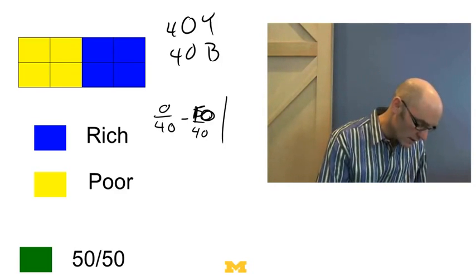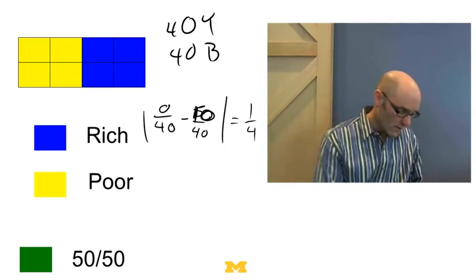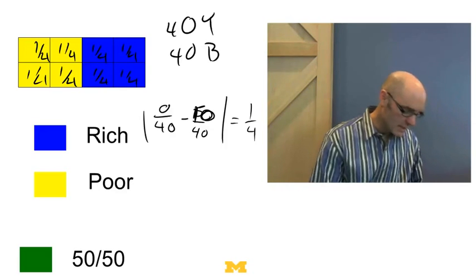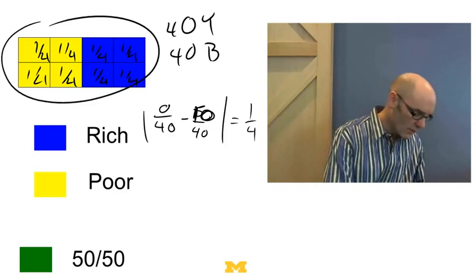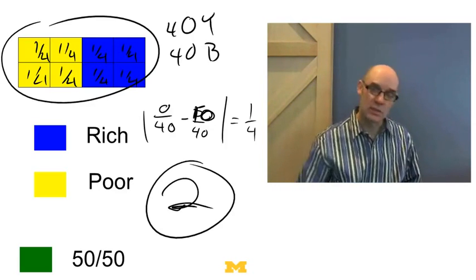So that's going to equal 1/4. Since all these are the same, I get a fourth, a fourth, a fourth, and so on. And also for the blues, by the same logic. So every single one of these gives me a value of 1/4. When I add all those up, I get 2. I don't get 1, I get 2.